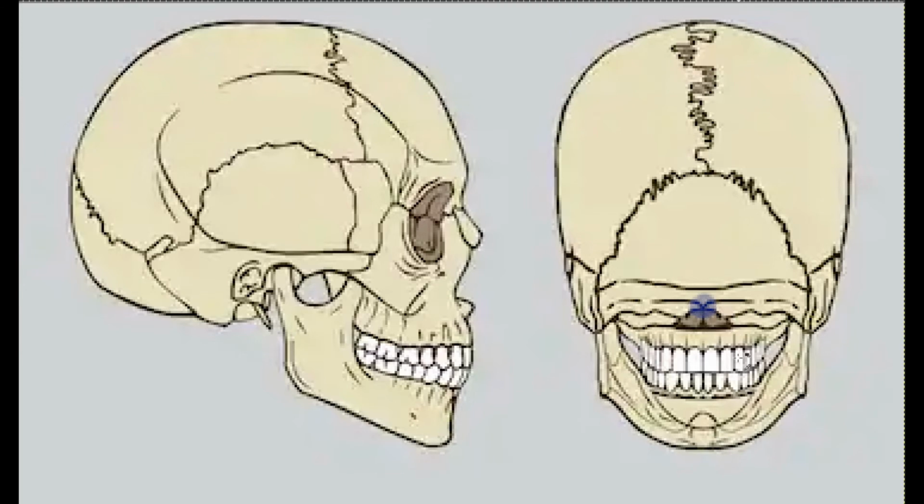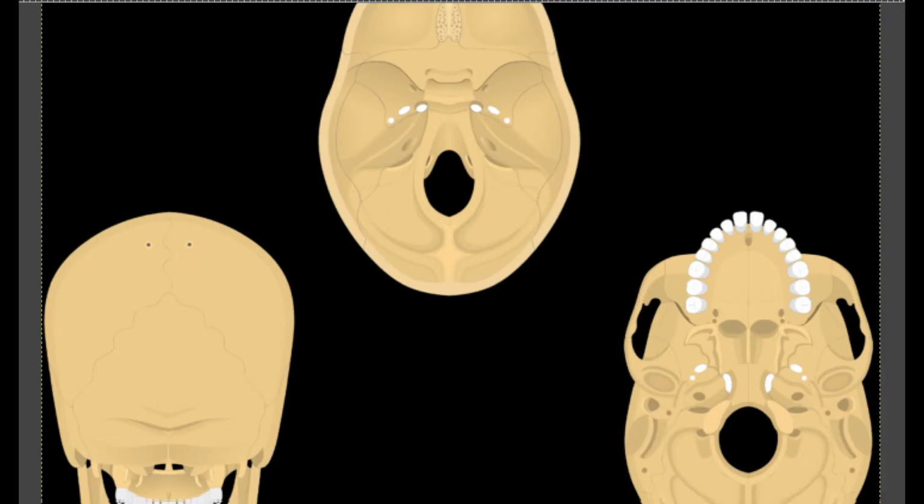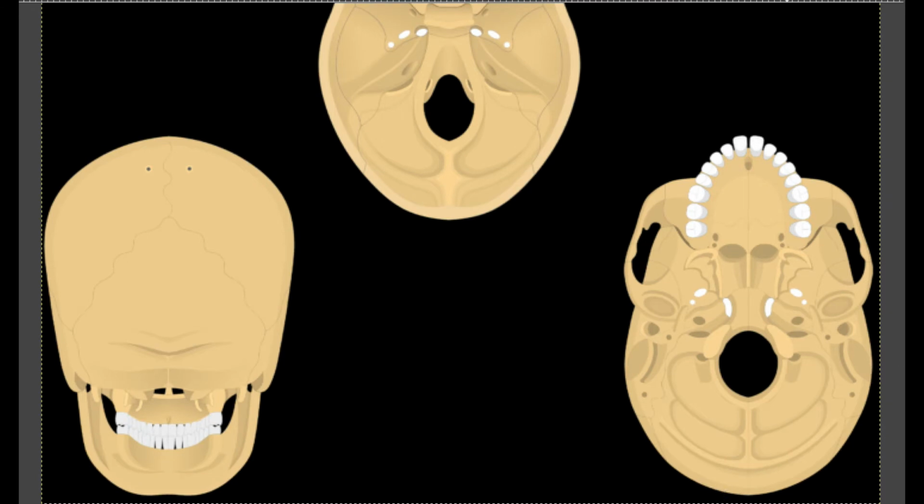The rest of the landmarks for the occiput we're actually going to have to look at from this inferior view. So this right here is going to be the occiput. Now, one, which we saw in the lecture on the spine and thorax, when we looked at the joint between the atlas and the occiput, the atlanto-occipital joint, we saw that the atlas met the condyles of the occiput itself.